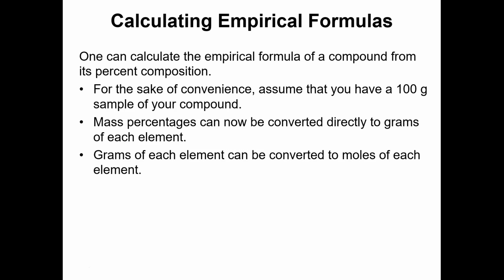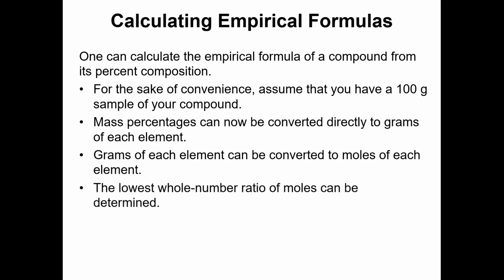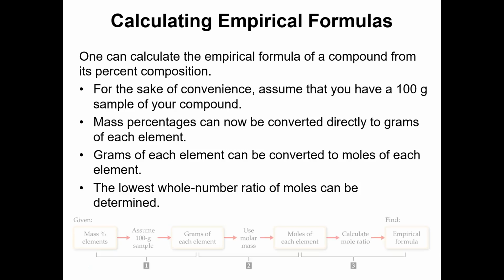And once we know how many moles of each element are in a 100-gram sample, we can look for a relatively low whole number ratio of their moles. Remember, a mole of one thing always has the same number of entities as a mole of anything else. And so if we know the ratio of moles of elements in a particular sample, that's also going to tell us the ratio of atoms in the formula.